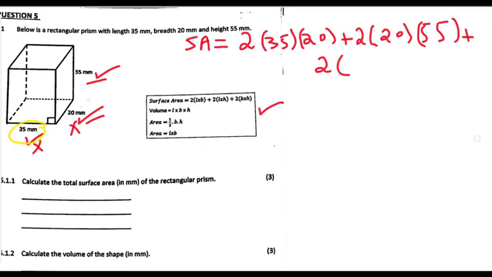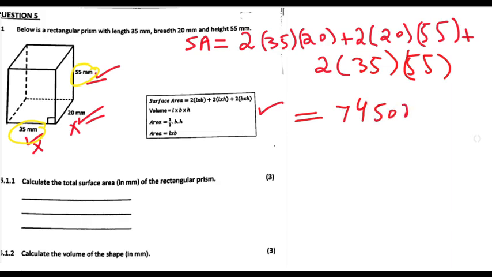This one and this one I didn't use yet, so now 35 multiply 55. I use my calculator. The answer will be 7450 millimeter square. This is my final answer.